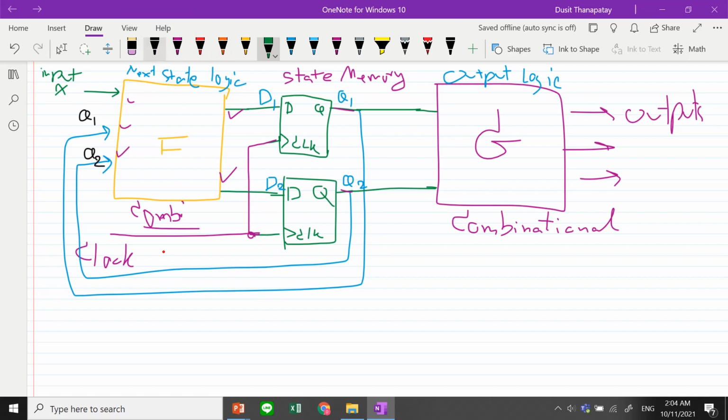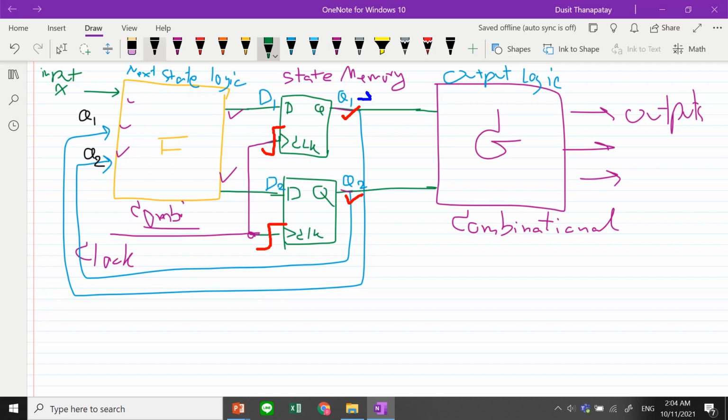tick, these two flip-flops get the clock tick at the same time or simultaneously. That means Q1, Q2 will update value at the same time, or change state at the same time.